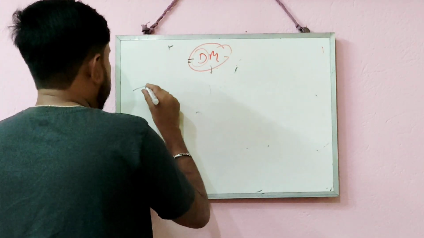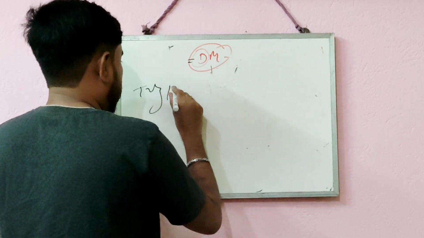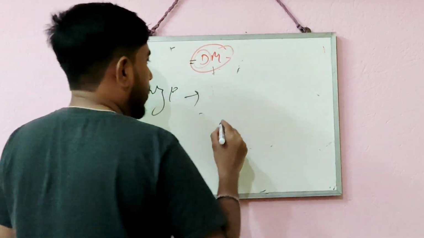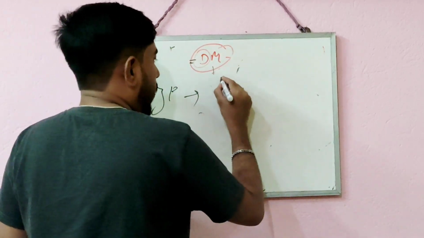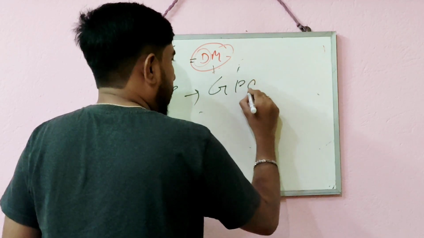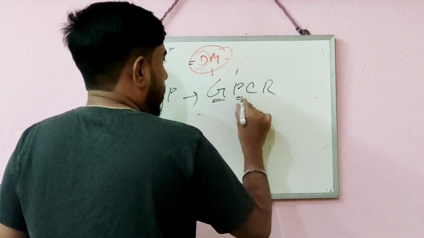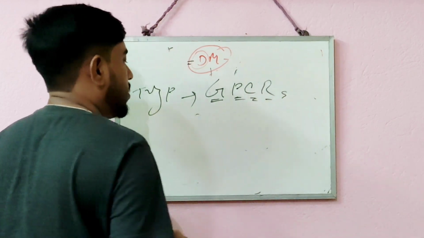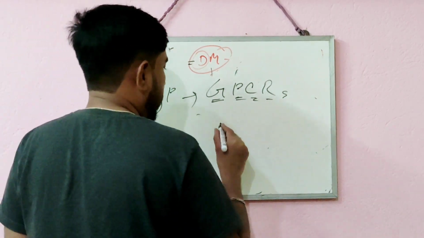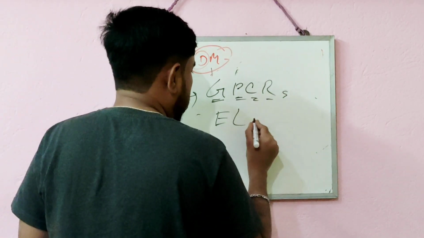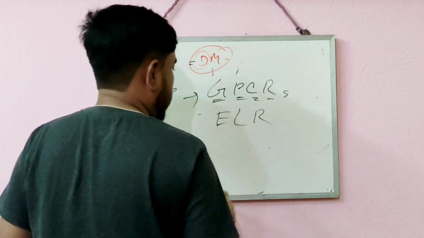Now, what are the types of receptors? The types of receptors are four types. One is GPCR, called G protein coupled receptors. The second type is enzyme linked receptors.